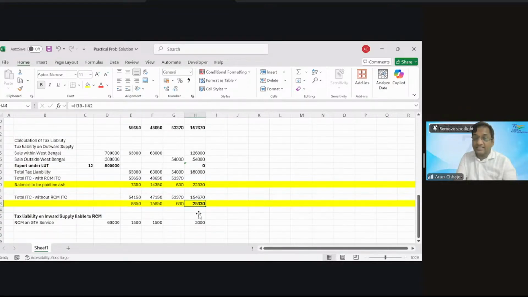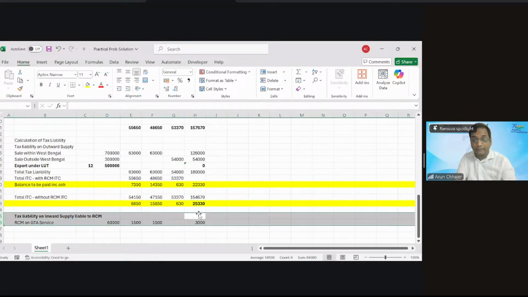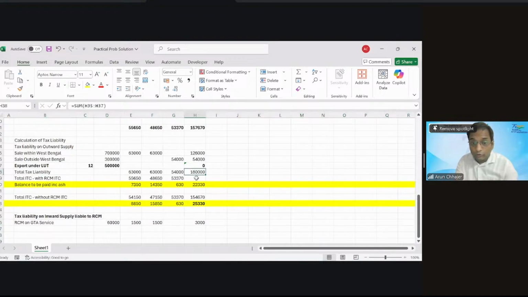I'm talking about other than RCM. Forget this once. For the time being, this I have to pay in cash. That I know. So I'll ask in another way. Will it be 25,330 plus 3,000 RCM or will it be this much?